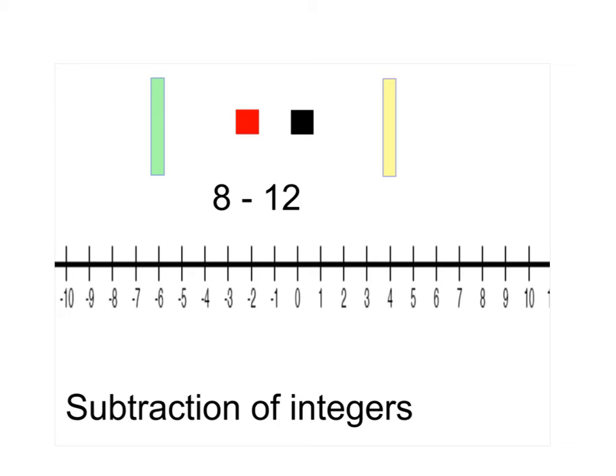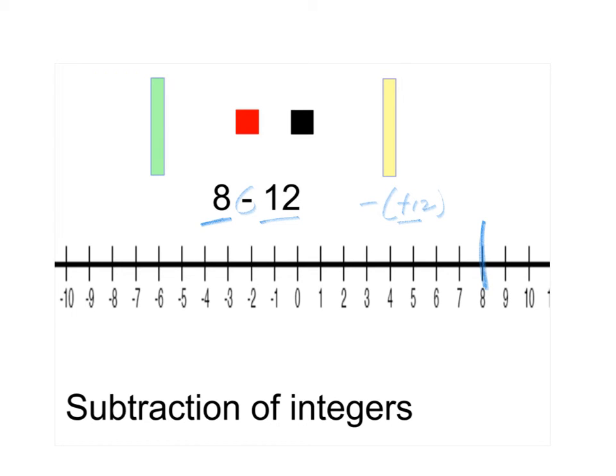Okay. So again, we are starting at 8. So we draw a line here. We're going to subtract positive 12. So this is the same thing as subtracting positive 12. That's what that symbol means. And if we're subtracting heat, which the positive would be heat, then it's getting colder.